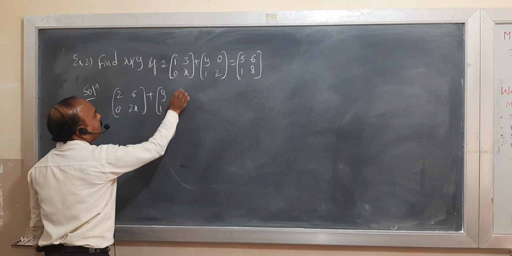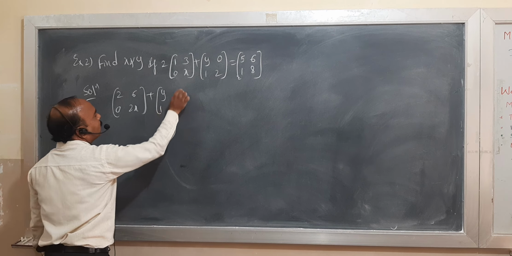Now addition of these two matrices: 2 added with the corresponding element y, 2 plus y, 6 plus 0 is 6, 0 plus 1 is 1, and 2x plus 2. Right hand side as it is.